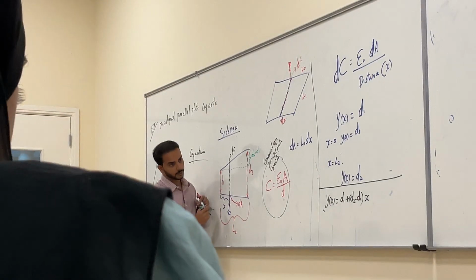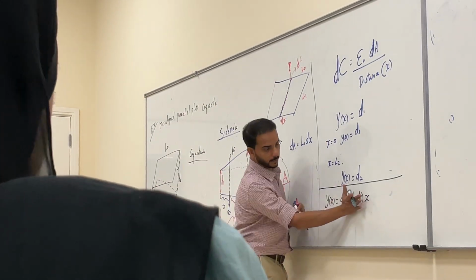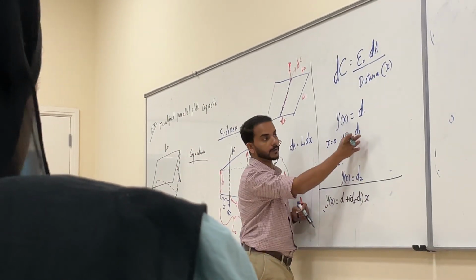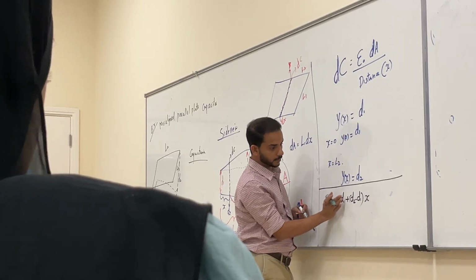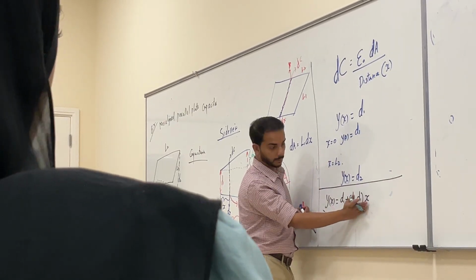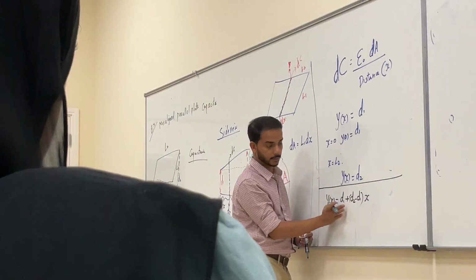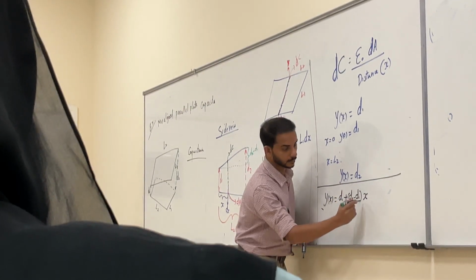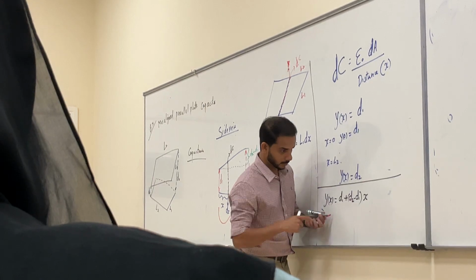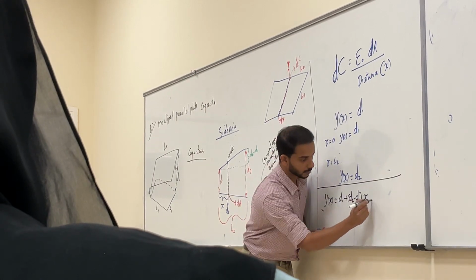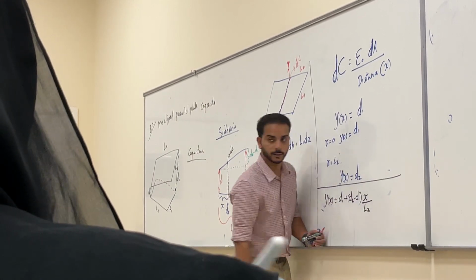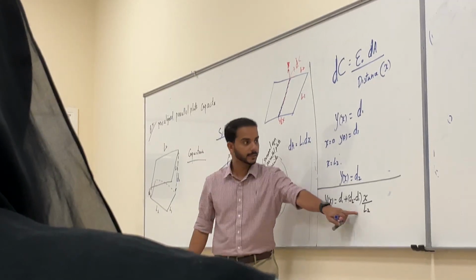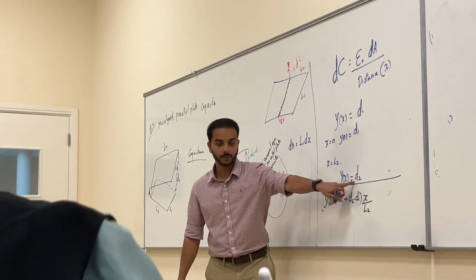So just look at this. When x is equal to 0, this whole term will be 0. I only have d1, right? When x is equal to L2, what happened? d1 plus d2 minus d1 L2. So that I will get this one.